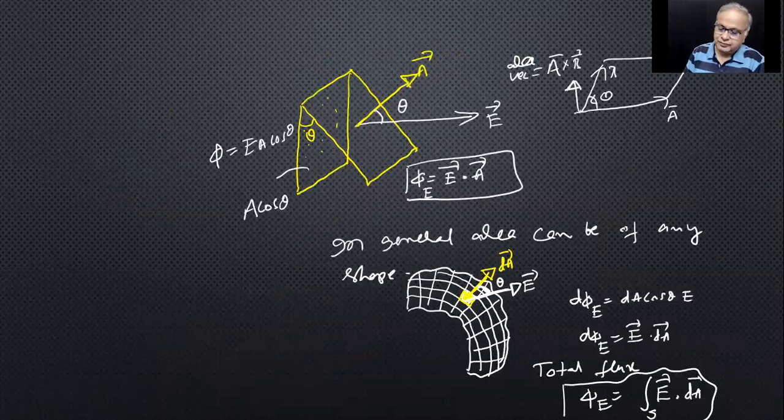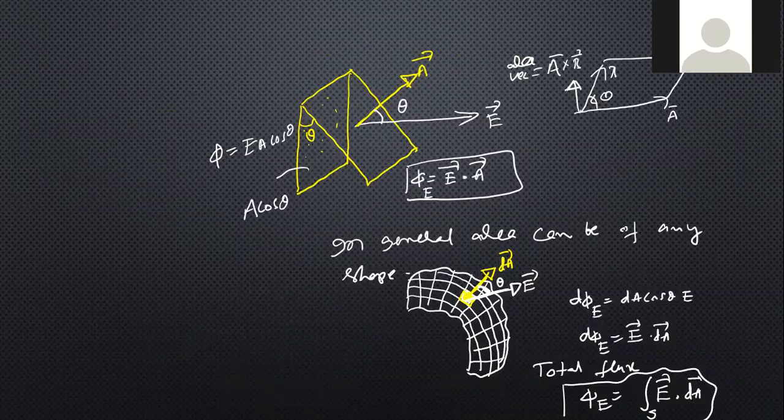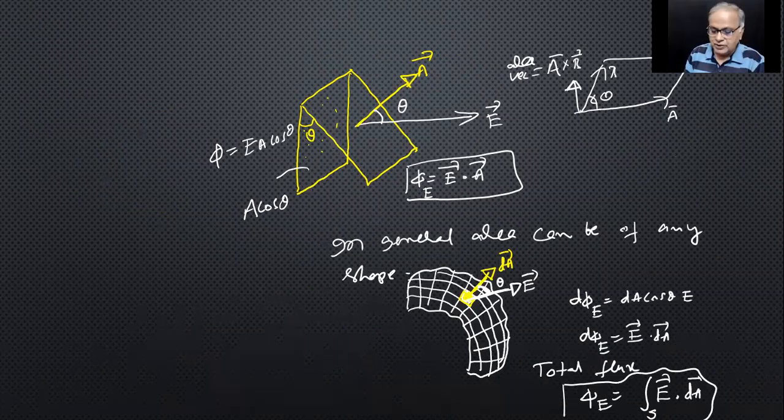Tell me now. Sir, so for each dA, we'll take the perpendicular component and add all of those perpendicular components. Yes, you can take E cos theta along dA, or dA cos theta along E. Doesn't matter. Dot product is A into B cos theta, B into A cos theta, right?